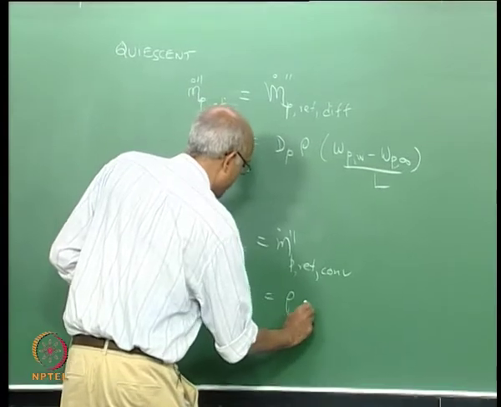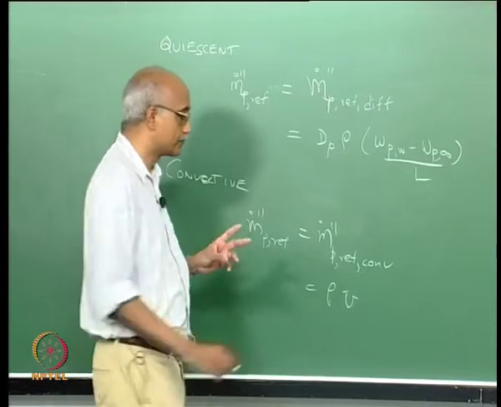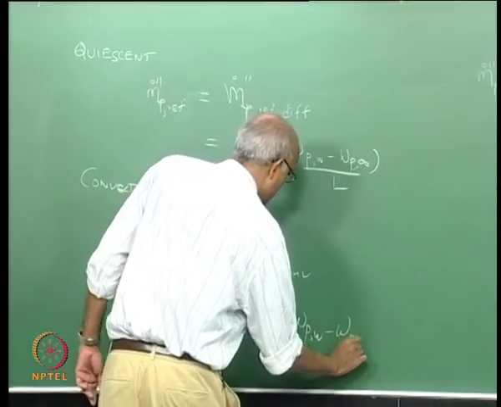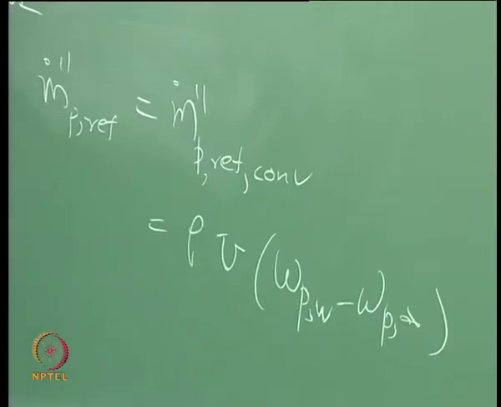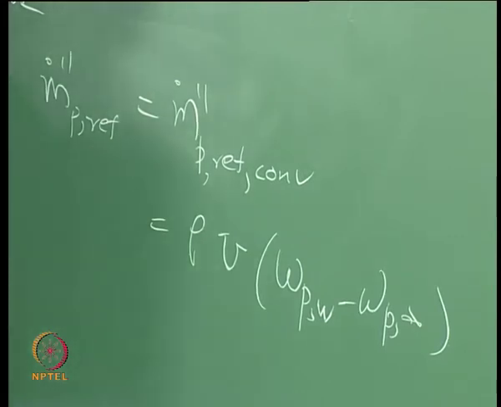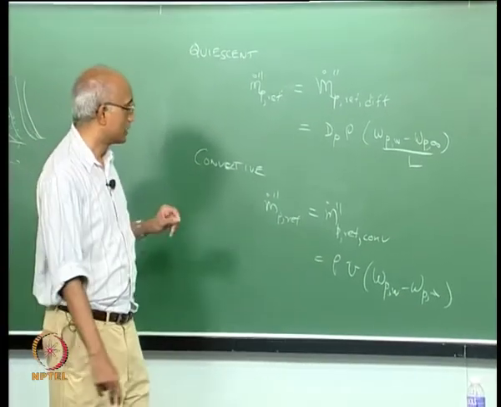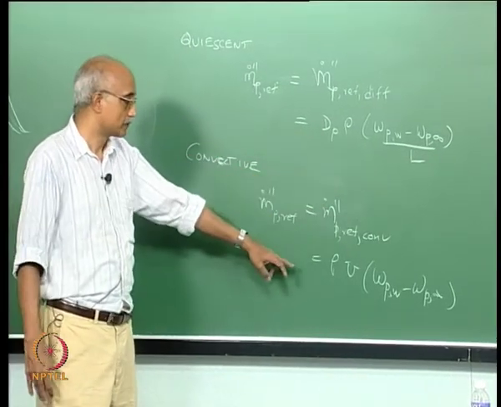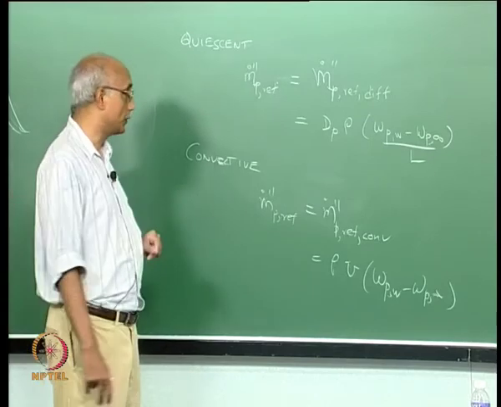It's basically rho times U, which is the convective flux of the fluid, multiplied by omega_P at the wall minus omega_P at infinity. So when we take the prevailing mass fluxes and want to non-dimensionalize them, we will divide by this value in the case of quiescent flow, and we will divide by this value in the case of convective flow.